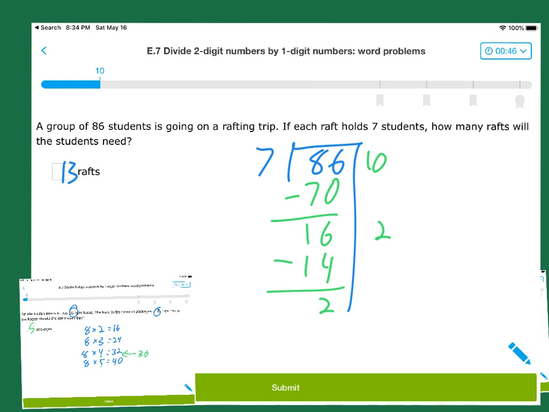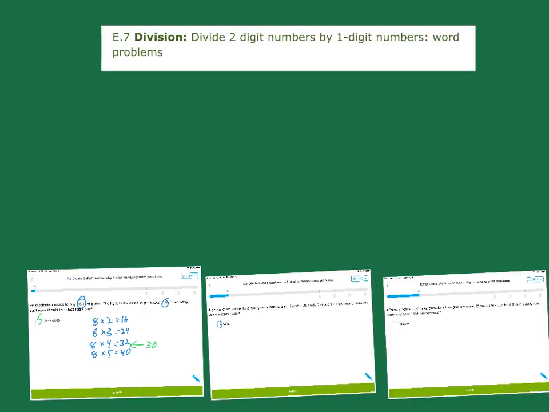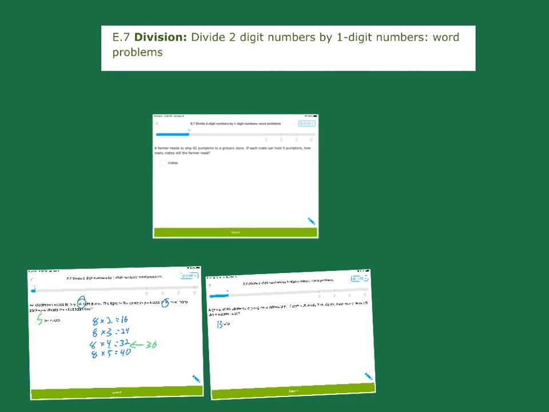I have 2 left over. My answer would be 12 with a remainder of 2. But again, you can't have part of a raft, so you're either going to need that 13th raft or you're going to leave people behind. So either way you do it, you're going to need 13 rafts. And now we'll take a look at the last example I have for this.